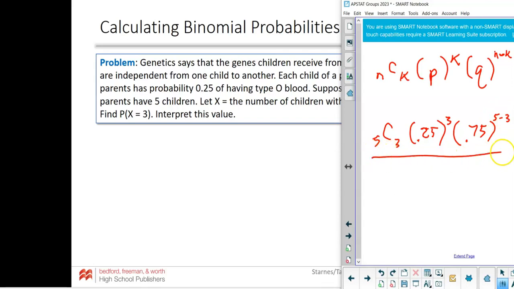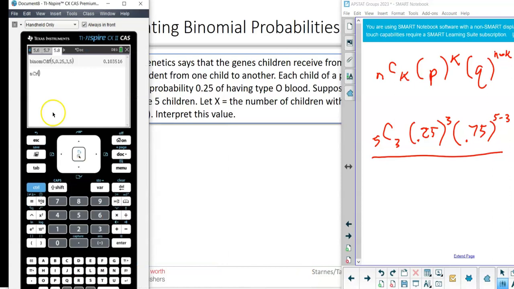So if you did that in your calculator, you should get the right answer. We'll try it, see what happens. Okay, so NCR, I already have it set up, menu 5.3. So 5,3, because 5 trials, we want exactly 3 of them, times 0.25 to the third, times 0.75 to the, I'm just going to say 5 minus 3, you could just say 2 there.